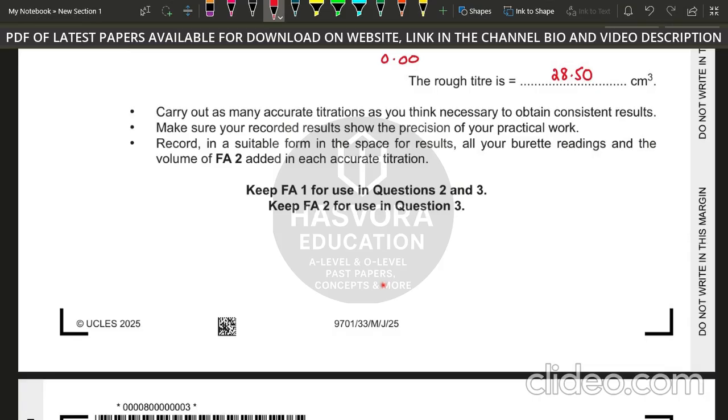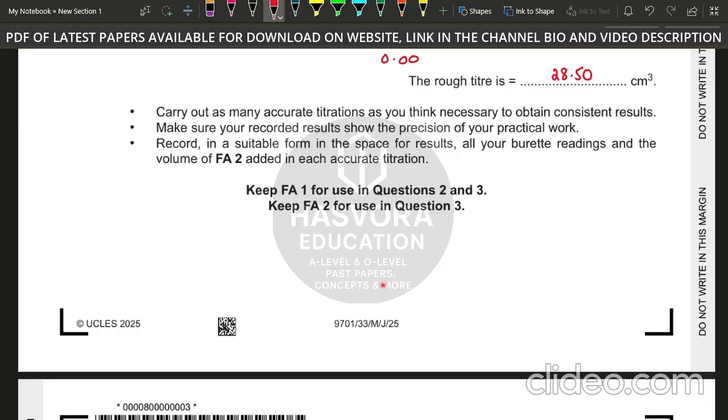Carry out as many accurate titrations as you think is necessary to obtain consistent results. Make sure you record results, show the precision of your practical work, and record in a suitable form in the space for results all your burette readings and the volume of FA2 added in each accurate titration. Also remember that whenever you perform the experiments, you should have two concordant results.